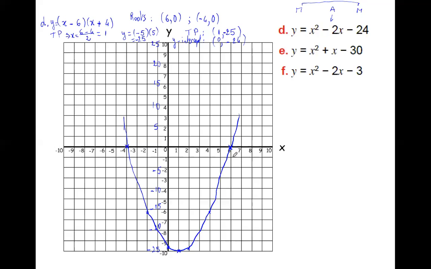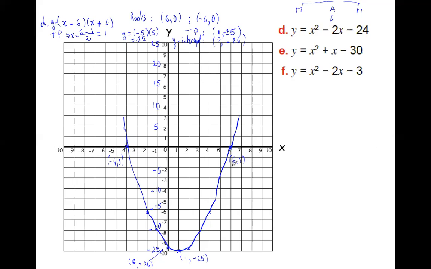And you would write here 6, 0 for your roots, negative 4, 0. Your turning point, which is 1 and negative 25. And your intercept here, which is 0, negative 24.